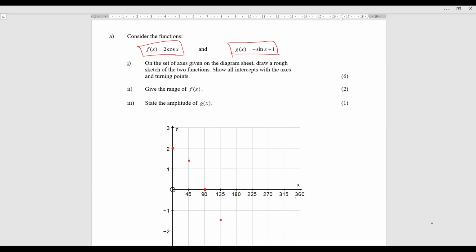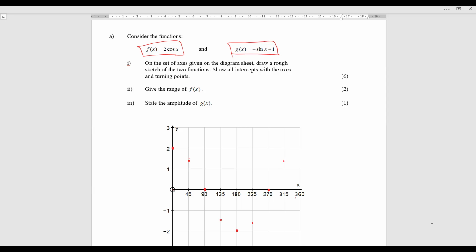Then we go to 180. And I think 180 is minus 2. Yes, sir. Then we come to 225, which will be minus 1.4. Then we come to 270. And what is 270? We're back at 0. Then we come to 315, which will take us back to 1.4.